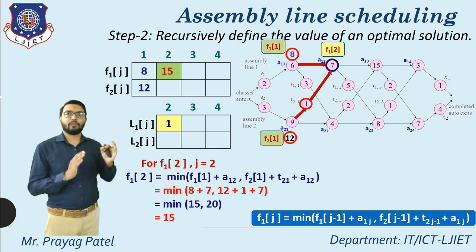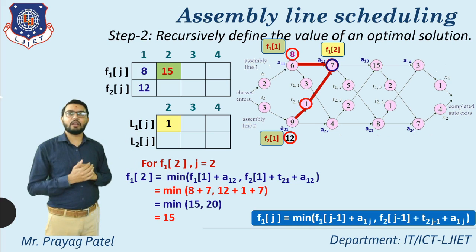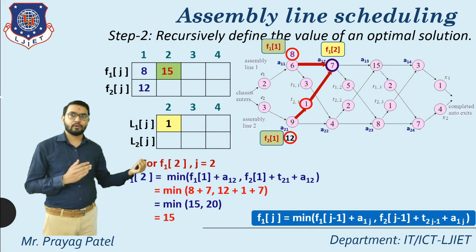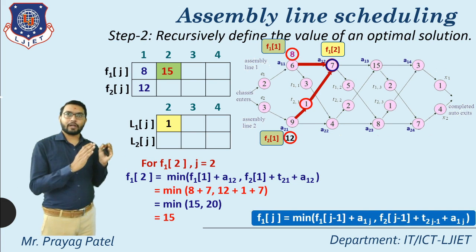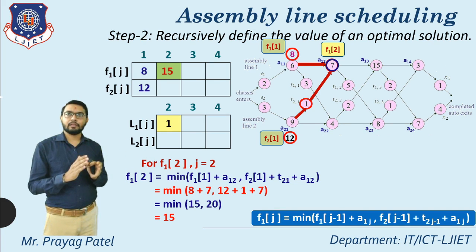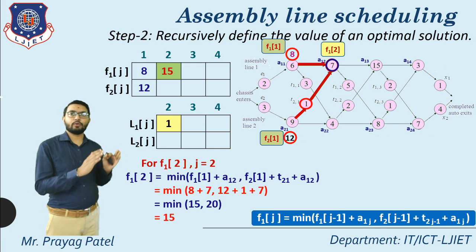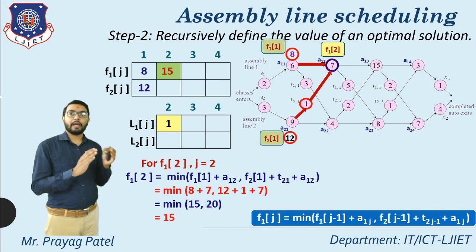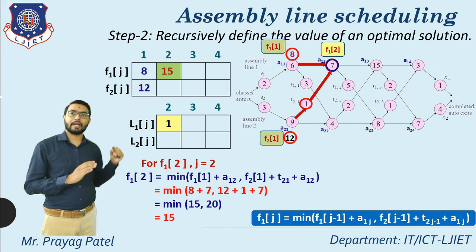For station number 1, you can directly find the values 8 and 12 according to E1 plus A11, E2 plus A21 like this. So for that you have only one path, so no need to worry about the line number for the first two values F11 and F21. From F12 and F22 you worry about the line number, line 1 or line 2.